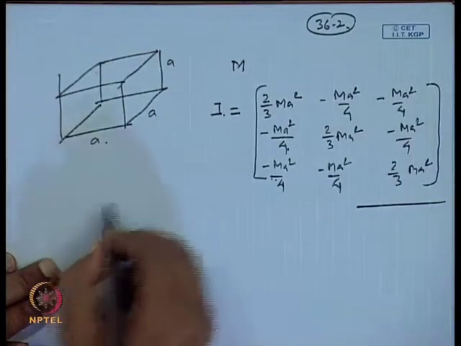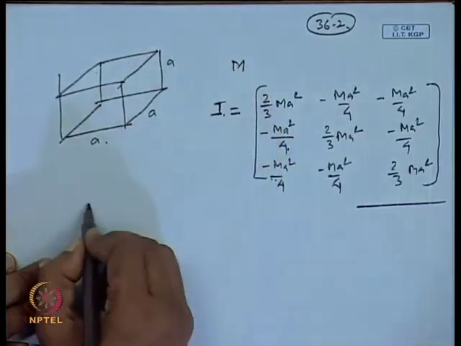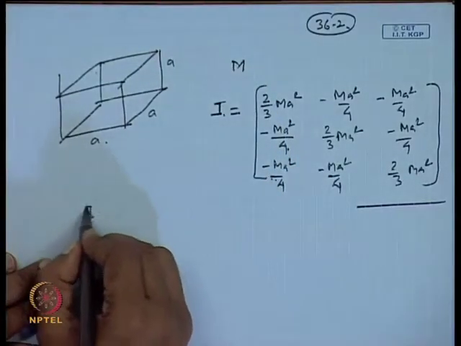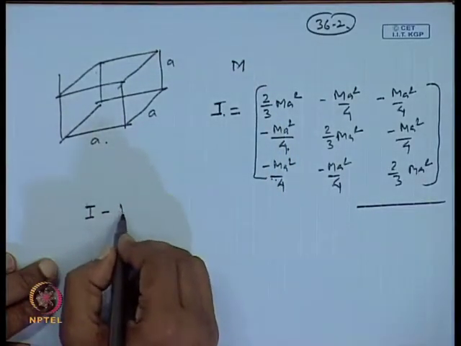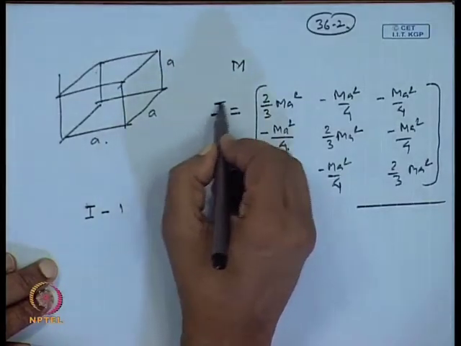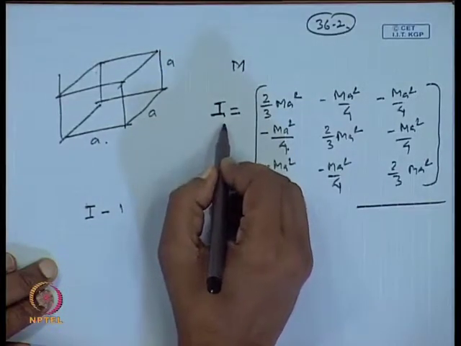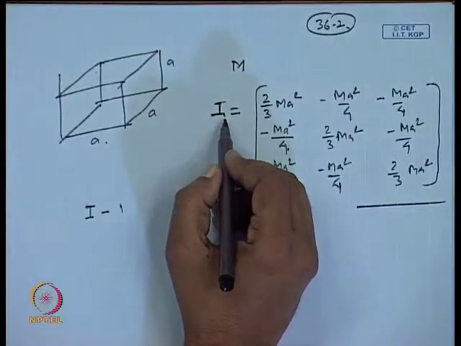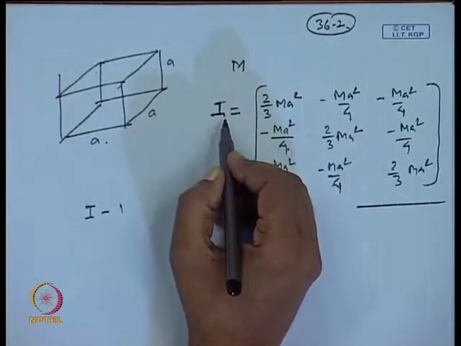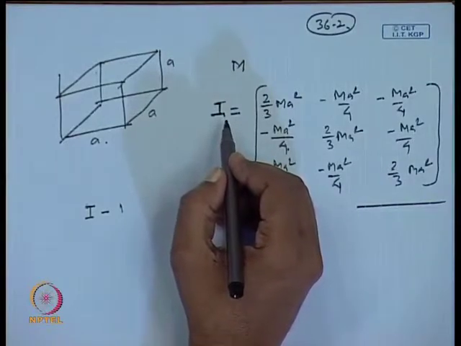So, we wrote the whole thing as I minus, say, we can put some other subscript to indicate how it differs from the other representation.